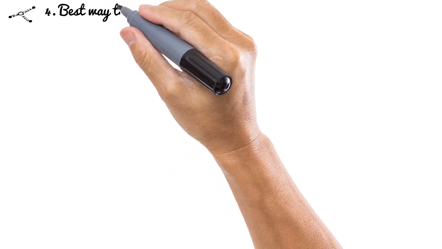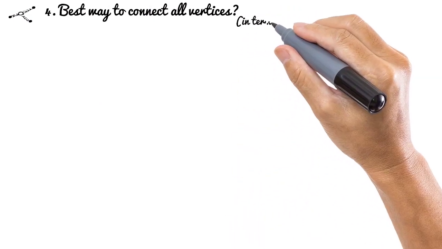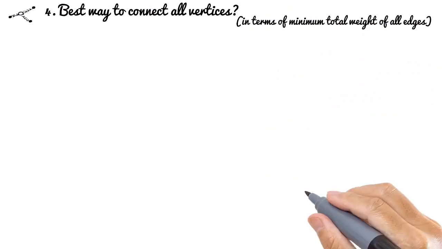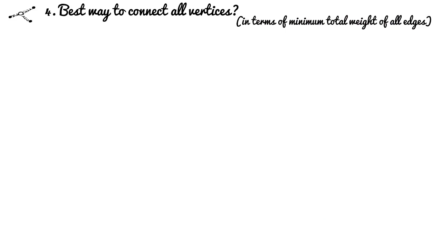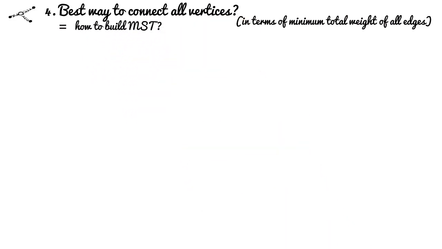Connectivity group, next use case. What is the best way to connect all of the vertices? The best way can be considered in terms of minimum total weight of all edges. Since we already know some terms, this task can be presented a different way: how to build a minimal spanning tree.